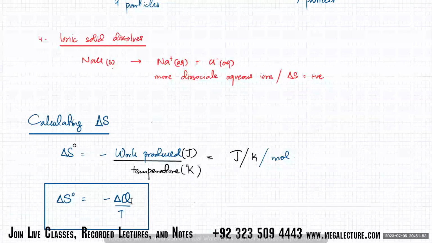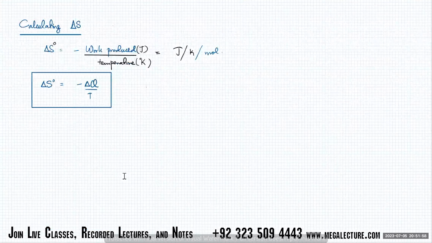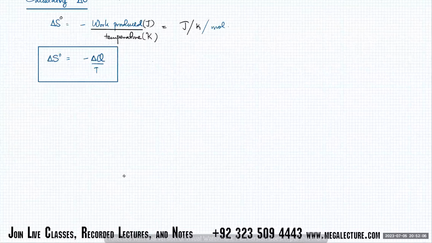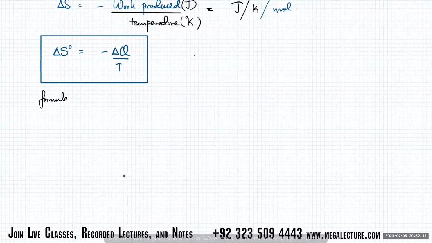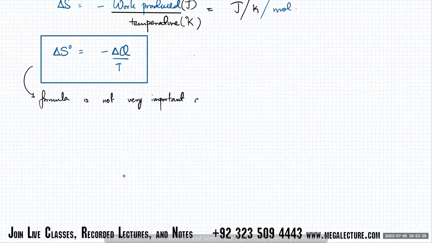Yes, sir. Yes. Now, the thing is that you don't actually use this formula. This formula is not going to be used very often. This is the method in which entropies are calculated, so the formula is not very important, as the entropies of products and reactants will already be provided to you.